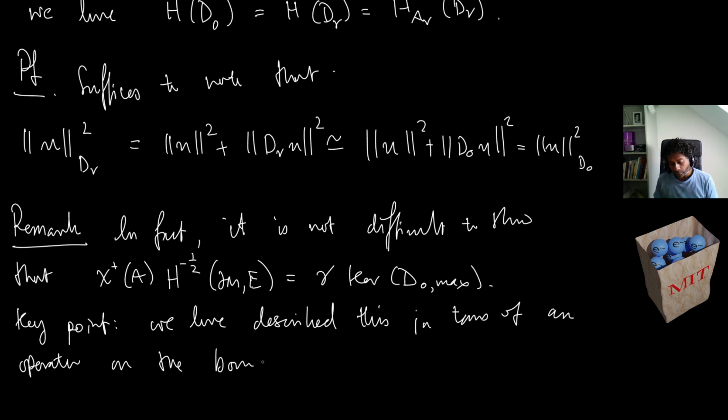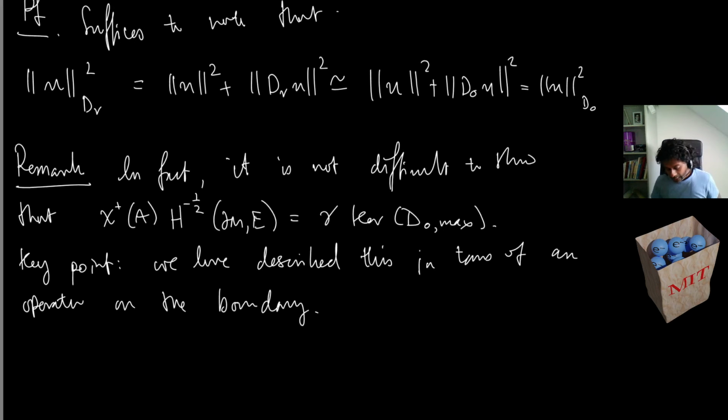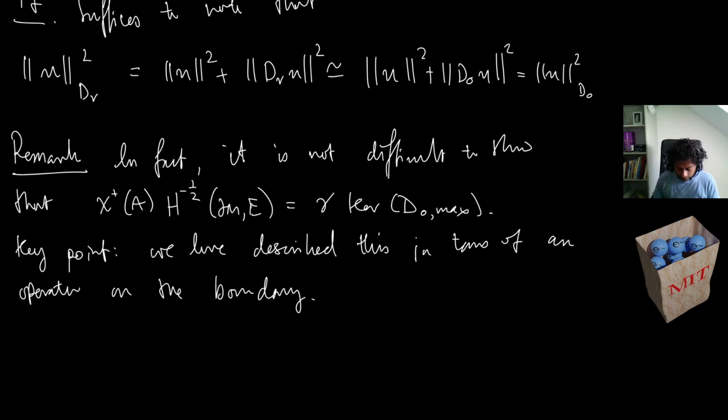Later on we want to show that we can always deform the maximal domain near the boundary so that we can end up in this scenario. That's what we'll see as we go along. But the point is that this object, chi plus H minus A half, is not a mysterious object. It's actually the Calderon projector, or the range of a Calderon projector with respect to this model operator D naught. Okay.